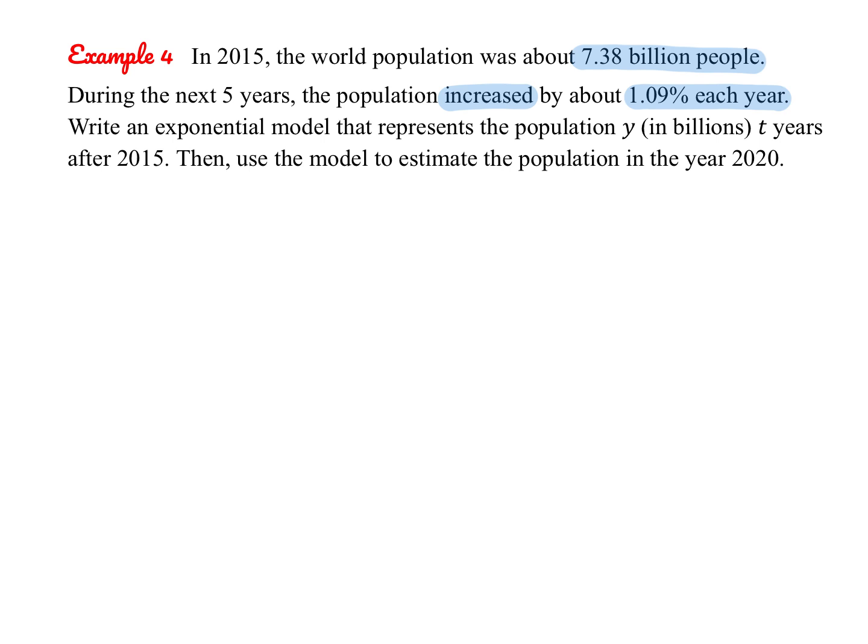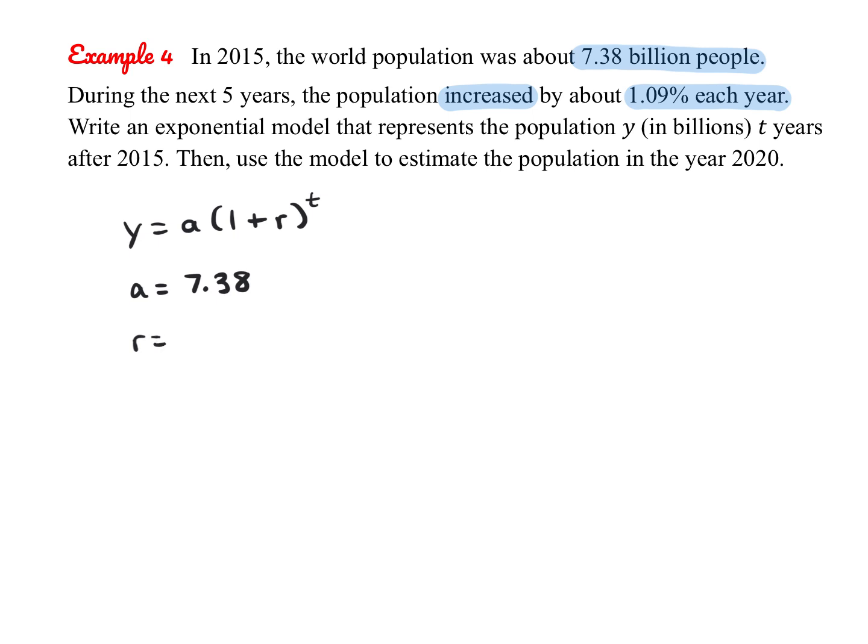So since the population is increasing, we're going to use our growth model like this. So remember, A represents the initial amount, so it's going to be 7.38. We're modeling it in billions, so I'll leave it as 7.38. And then our r value is going to represent our percentage increase as a decimal. So I do need to move it 2 decimal spaces to the left.